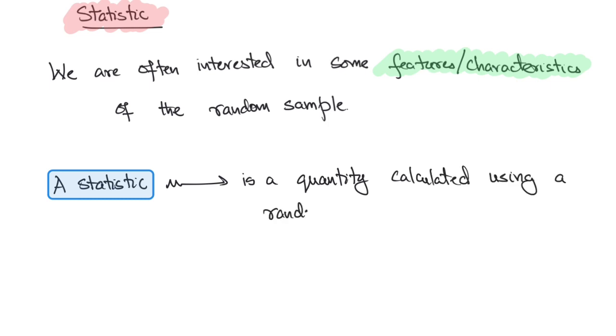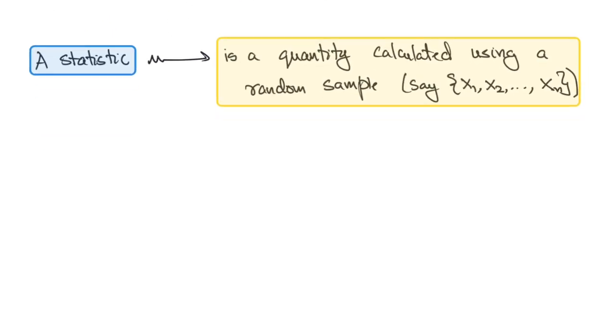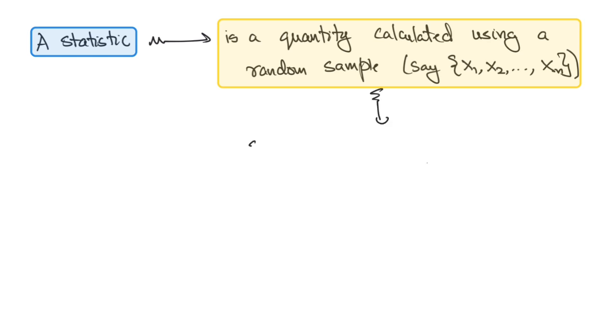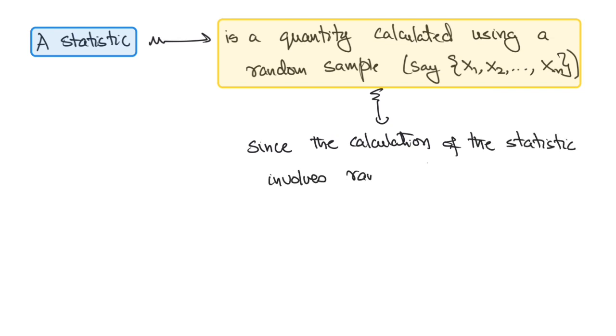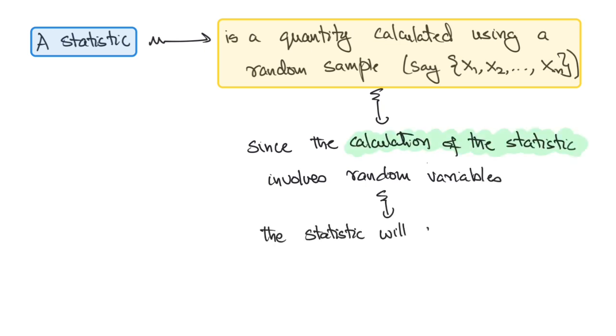In this context, say the random sample is the collection of random variables x1, x2 up to xn. Since the calculation of the statistic involves elements from the random sample, which are random variables, the statistic itself will end up being a random variable.